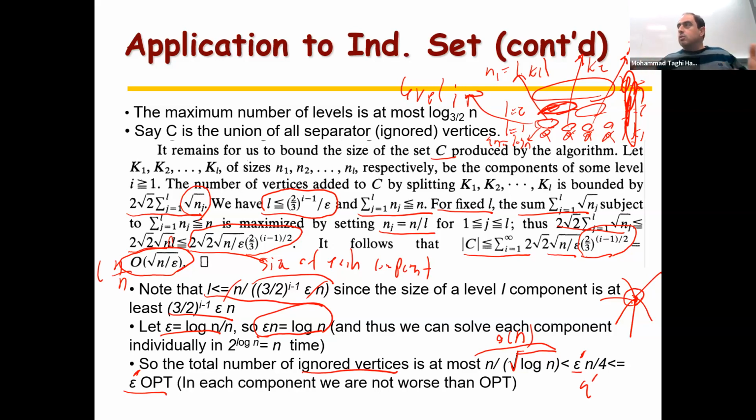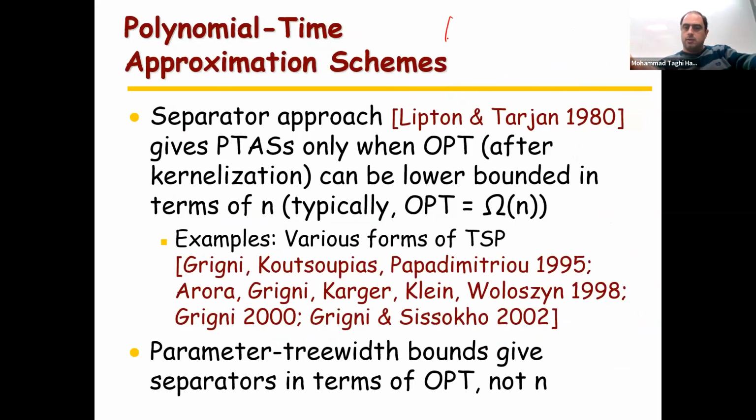So for this kind of minimization problem, I cannot use the separator theorem, because as soon as I say, okay, yes, there is a separator of size square root of n, but square root of n is much, much more than this one-vertex optimum solution that I have. So for minimization, square root of n is just too much.